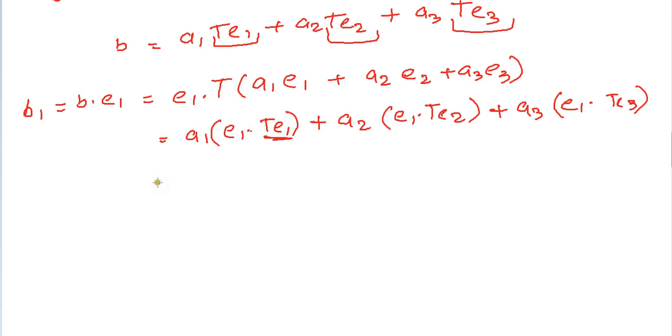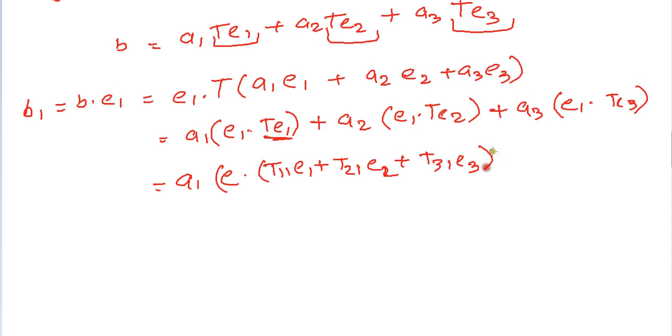From the components of a tensor, we know that TE1 equals T11 E1 plus T21 E2 plus T31 E3.